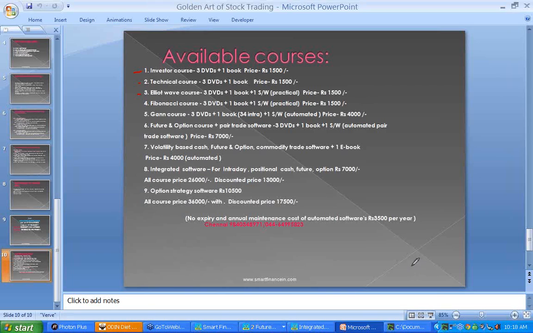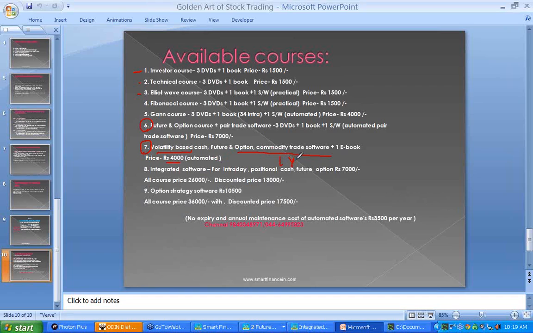Today particularly we have seen a very successful intraday prediction, the Bank Nifty intraday prediction that he showed you using the volatility tool, which is available in the form of volatility software. This tool is available at the cost of 4,000 rupees with a validity of 1 year.